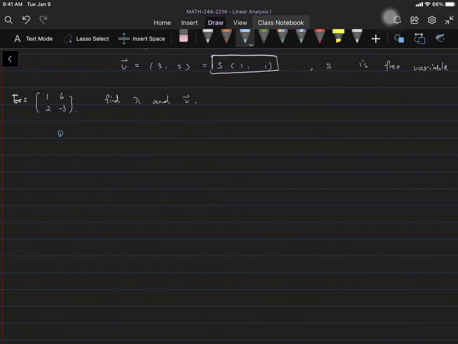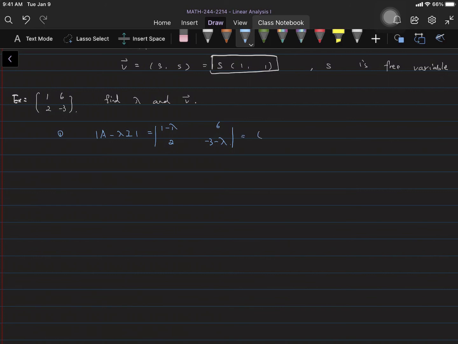So first step, I'm going to find the lambda. How to find the lambda? I write down the determinant of A minus lambda I. The determinant we do straight line: 1 minus lambda, negative 3 minus lambda, and 6, 2. Simplify.